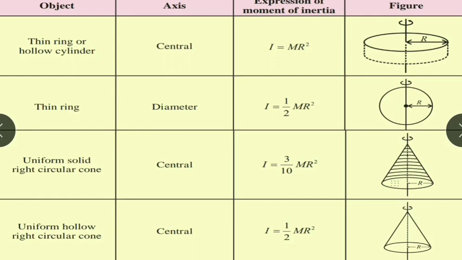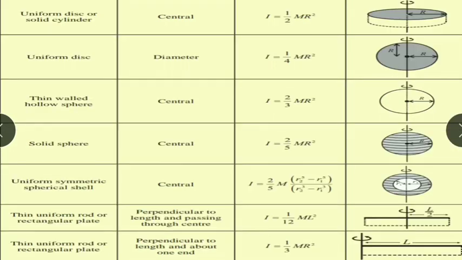Similarly, for the uniform solid right circular cone, moment of inertia is equal to 3 by 10 mr square, and for uniform hollow right circular cone, moment of inertia is equal to half mr square. Also for the disc, moment of inertia is equal to half mr square about an axis passing through its center and perpendicular to its plane, and about its diameter, moment of inertia is equal to 1 upon 4 mr square.